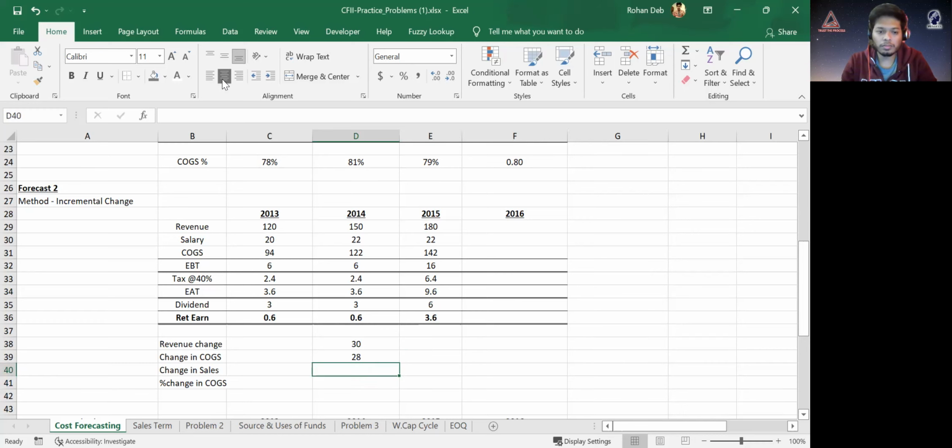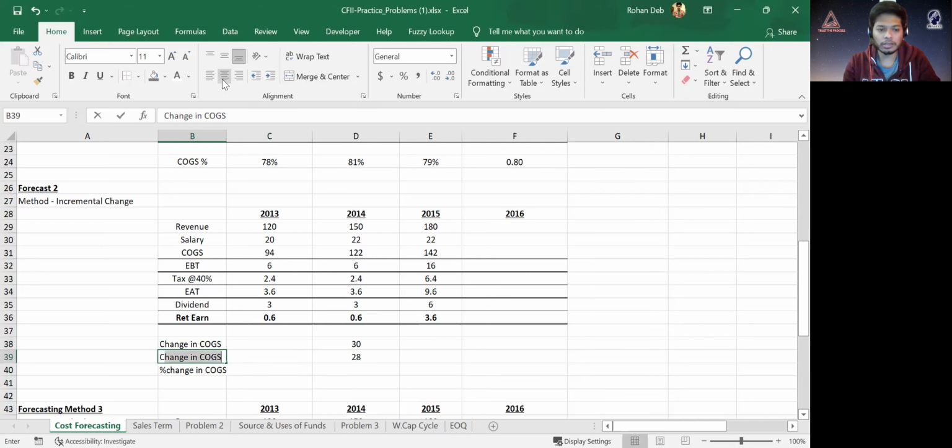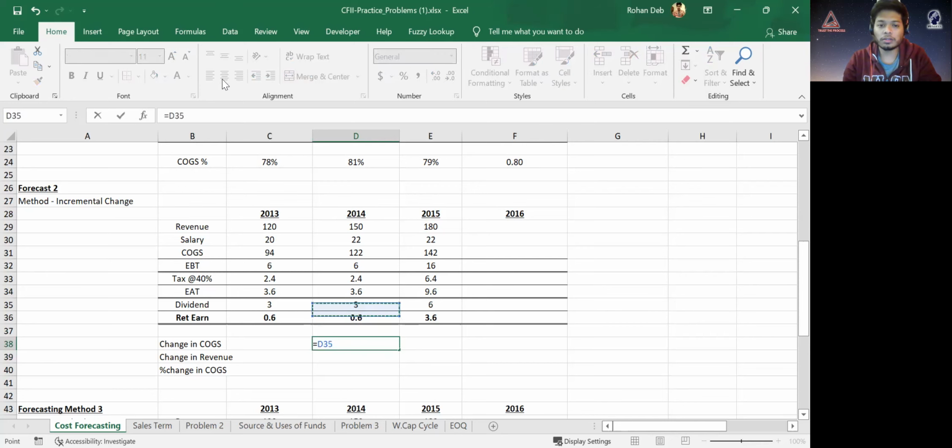Okay, let's do this like this. Let's say change in COGS and change in revenue. So change in cost is equal to 122 minus COGS, and change in revenue is 150 minus 120.